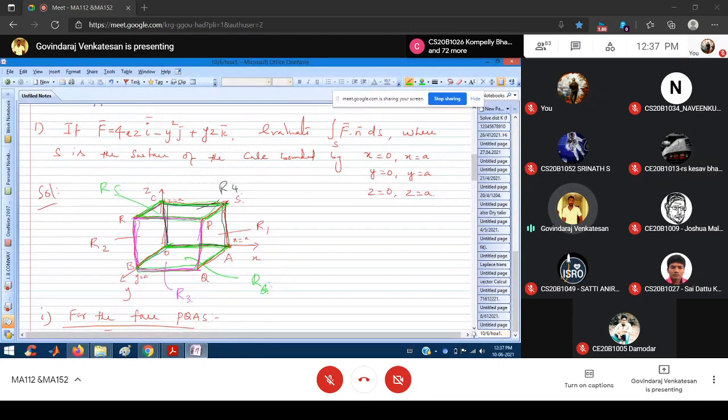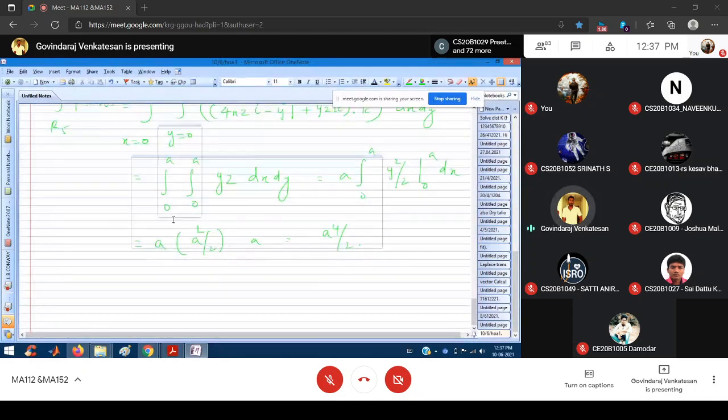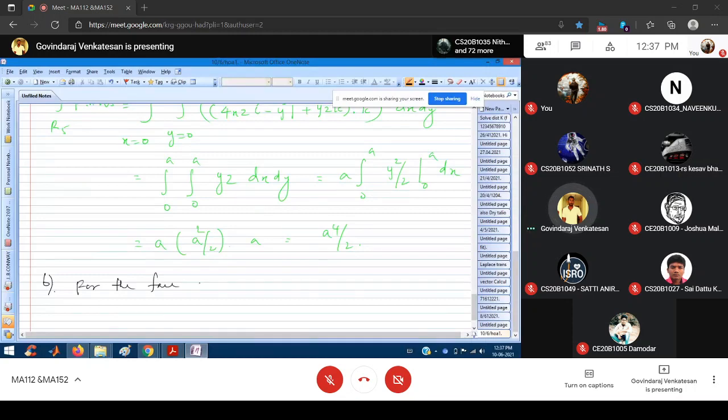So what is the outward normal vector? It is minus k vector, and the value of z on this R6 is z equal to 0. Okay. So just do the same. Face number 6. For the face OBQA, minus k is the unit outward normal vector.